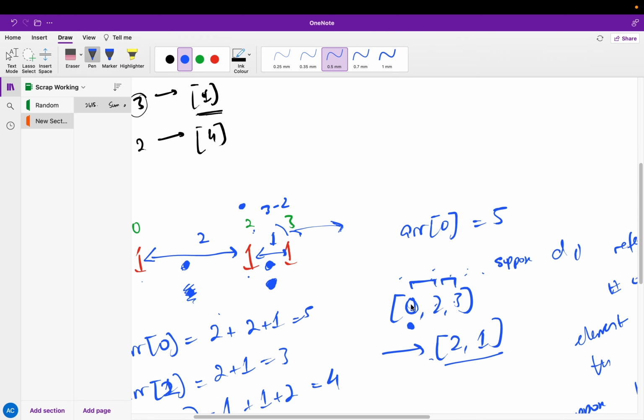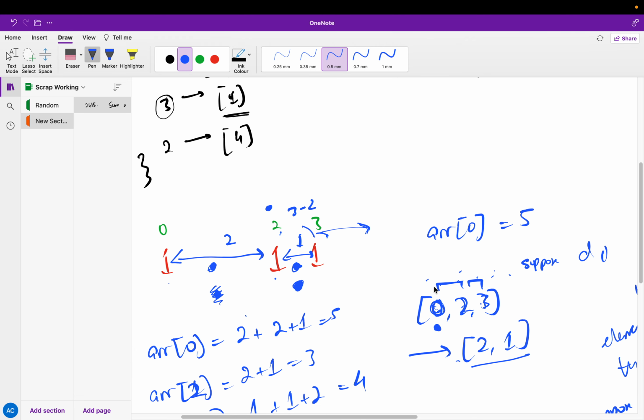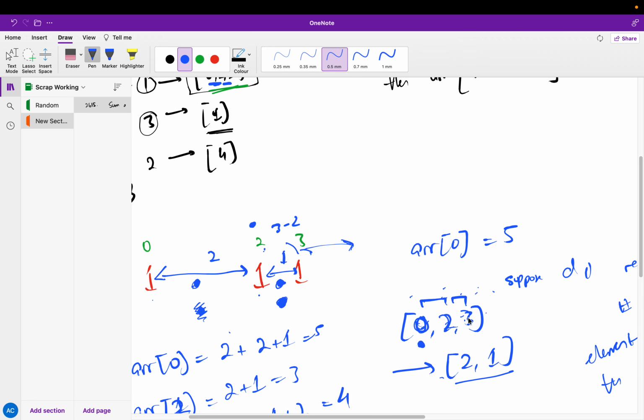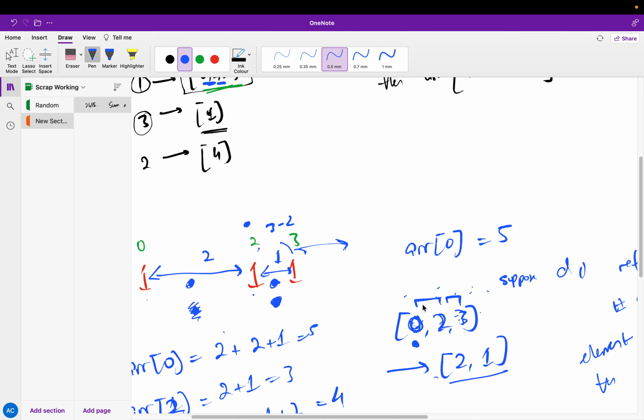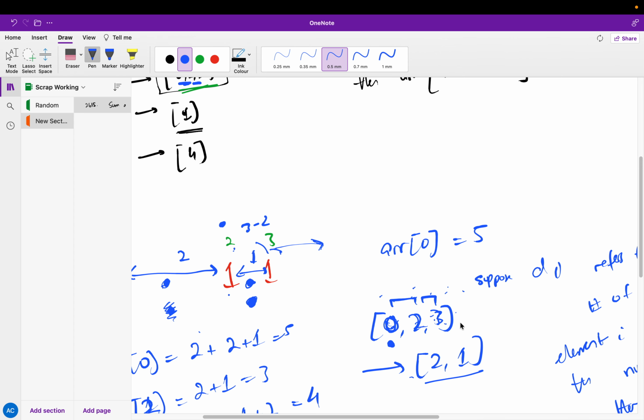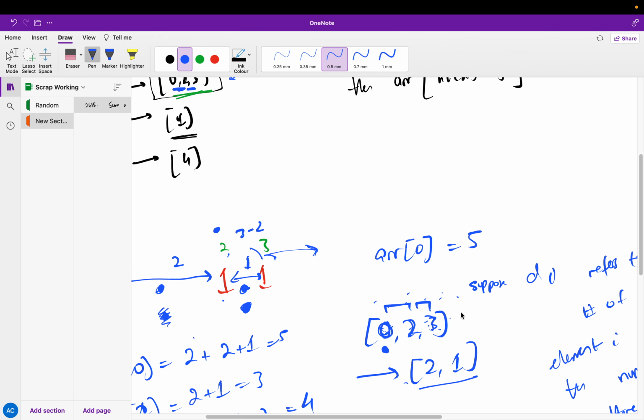So figuring out the distance value for a particular unique element and for all of its instances, I think would take O of d_i squared.